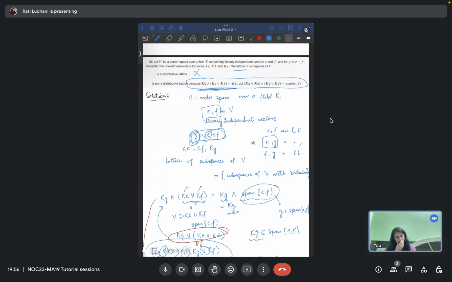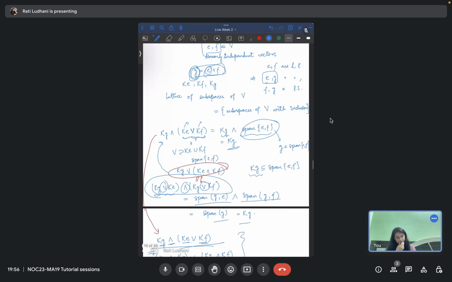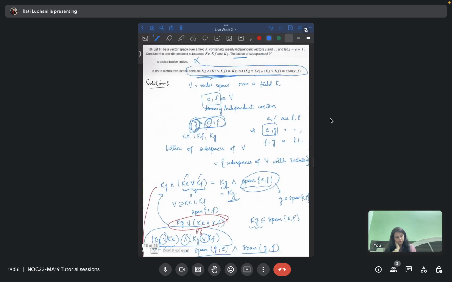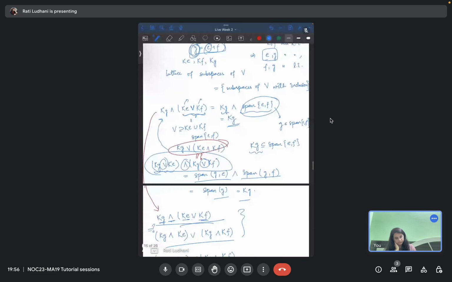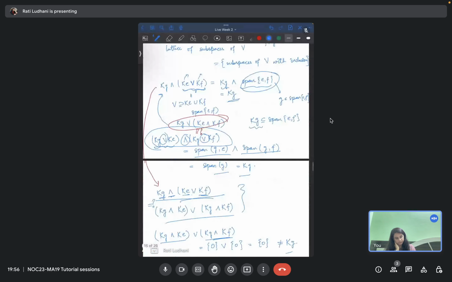And the other statement, this part is true. Oh wait, span of E and F. Okay, whatever it is, let's check what this value is. This should be the span of E and F or not? That is the question.